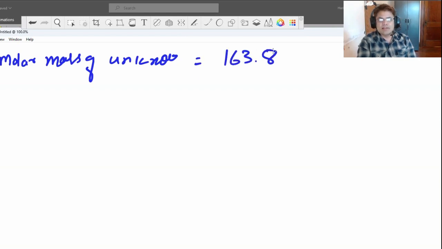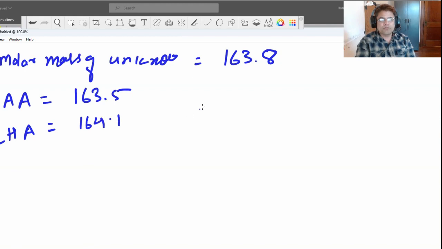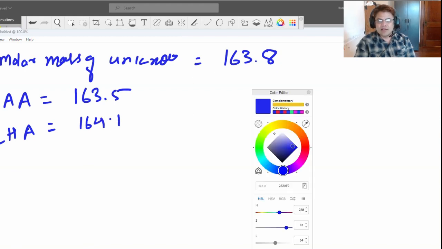But in the list, trichloroacetic acid has a molar mass of 163.5, and 3-chloroheptanoic acid has a molar mass of about 164.1. But your molar mass is that, right?